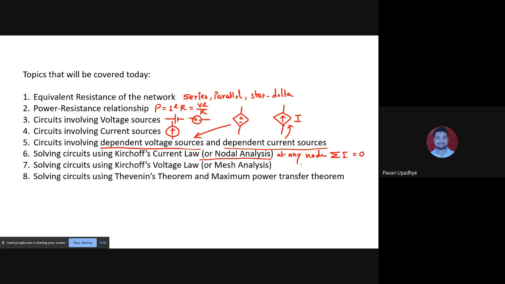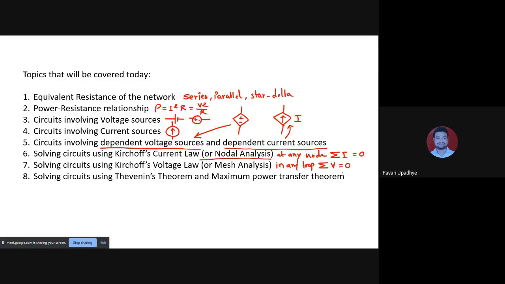Then we know about the Kirchhoff voltage law and its importance. We know that in any electrical loop or mesh, the summation of voltages is equal to 0. By the word voltage, we mean here both EMFs and potential drops. So the summation of EMFs and potential drops is equal to 0.